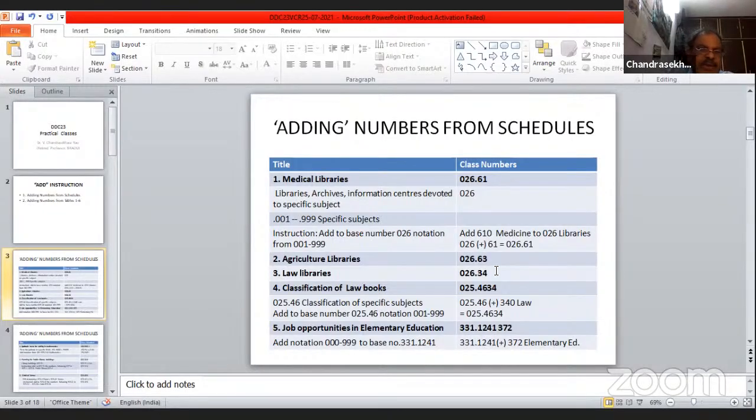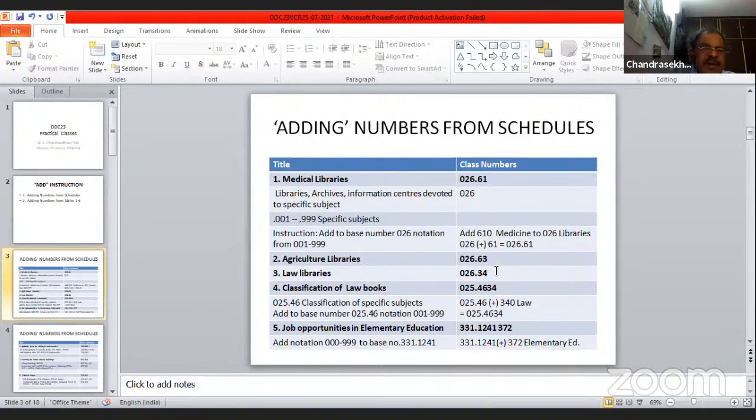Then I'm going to the next step, classification of the law books. Up to here, any subject area from 001 to 999 you have taken. It's flexible; there is an instruction there.